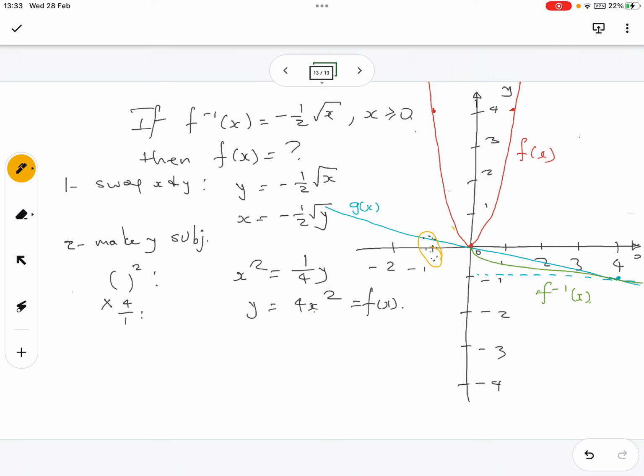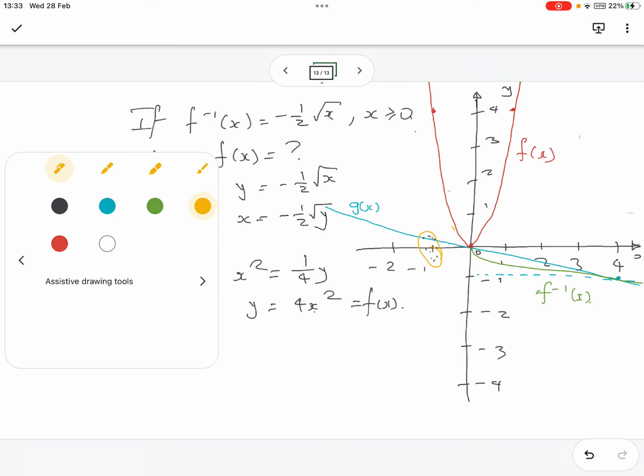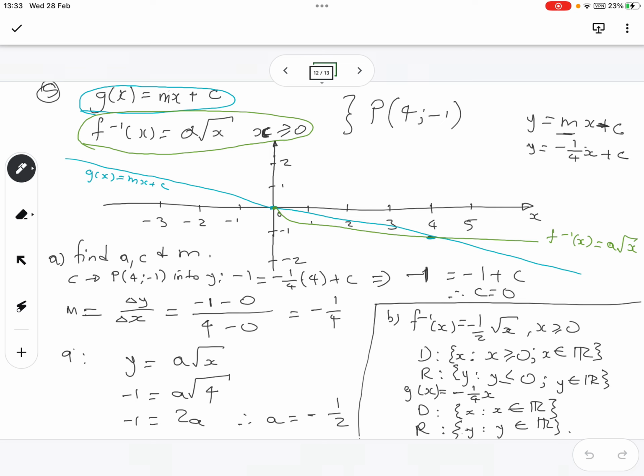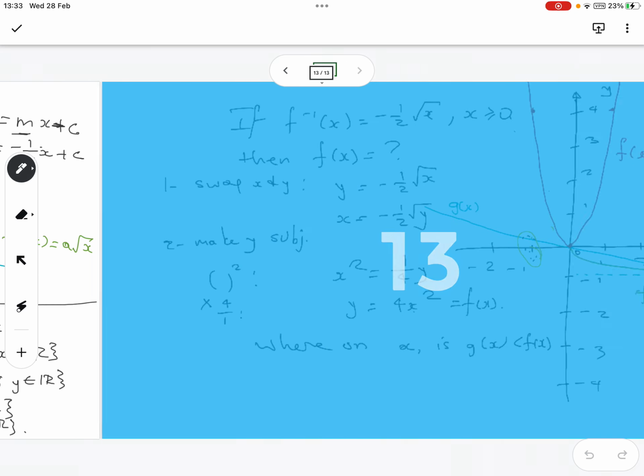For the straight line, which is g of x, remember we must find where on x is g of x less than f of x. So we've plotted f of x. We want where g of x, the straight line, is going to be less than f of x. I wouldn't say all of the points.